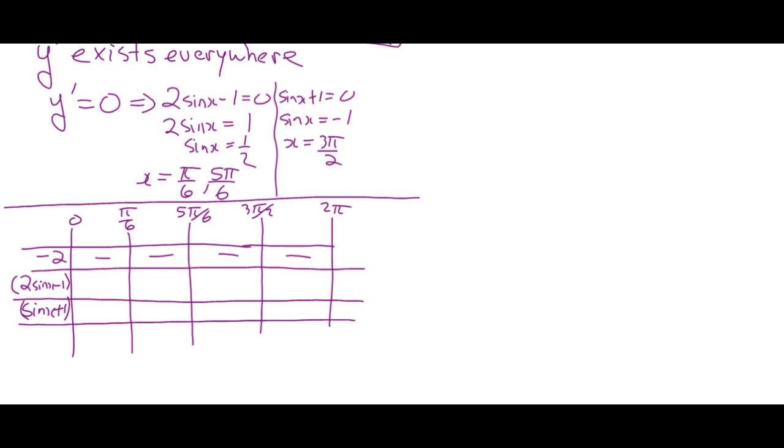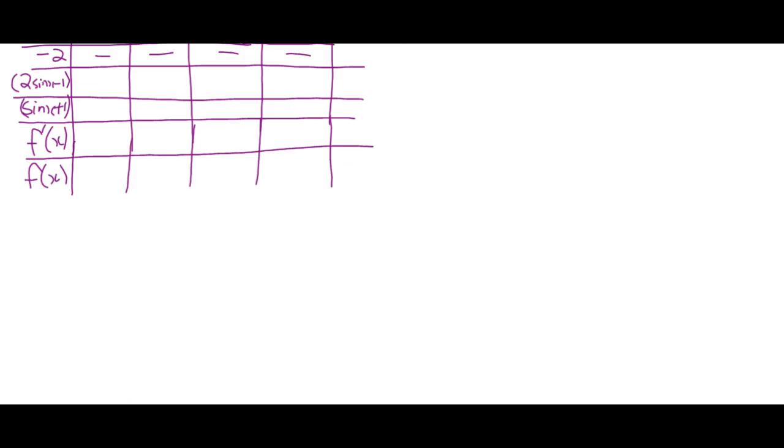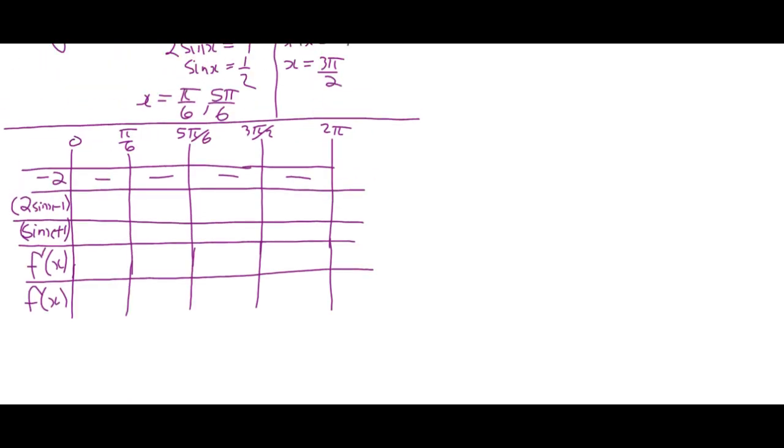Those are our 3 factors, so once we've figured out what sign they are in each of the intervals, we will get the sign of f prime of x, which will then tell us what's happening in that interval for f of x. I'm going to extend the page just a bit. All we're going to do is fill in that table. So you want to give it a shot? Fill the table in.